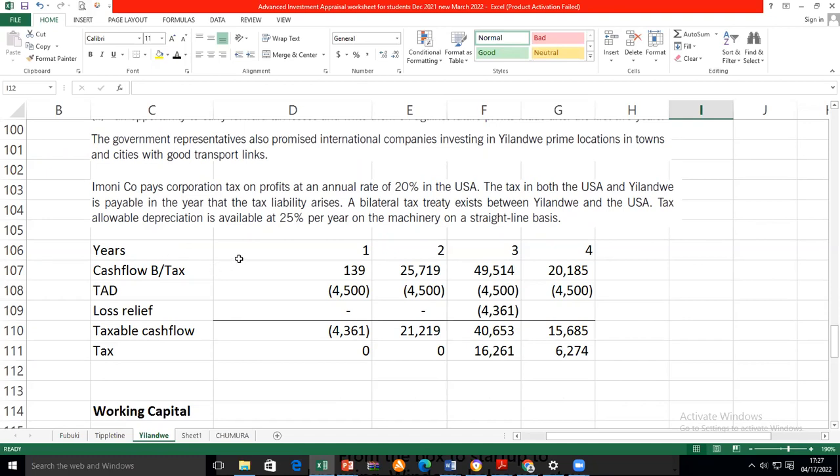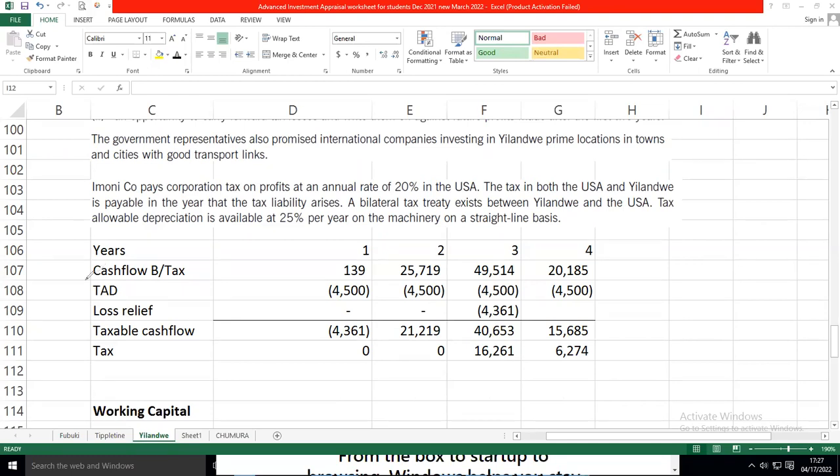Whenever we have a question involving loss relief, just create the working like this. It's the easiest. What do we mean? You've got your cash flow before taxation, which is coming from up there.